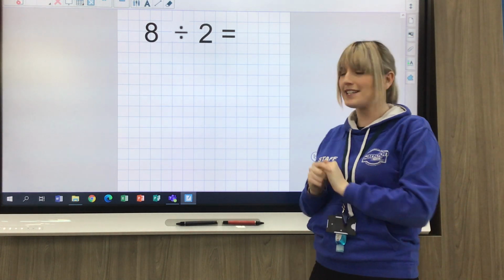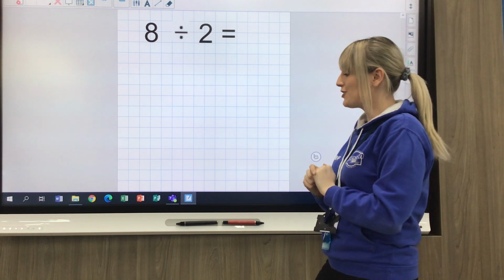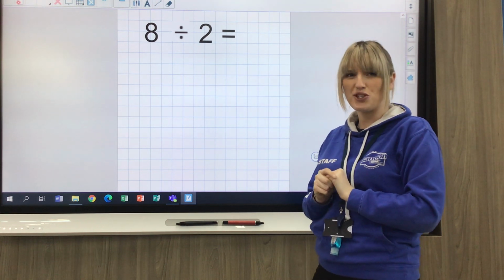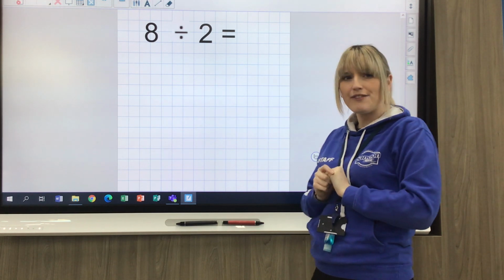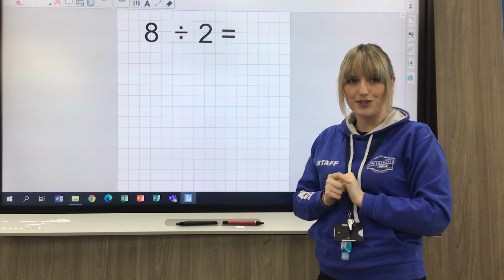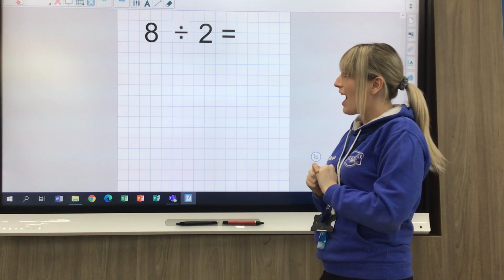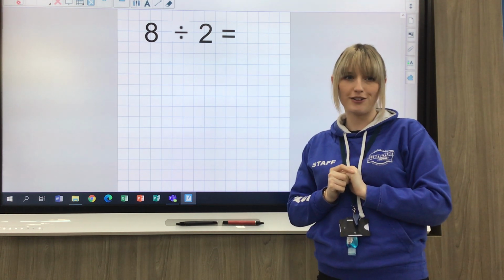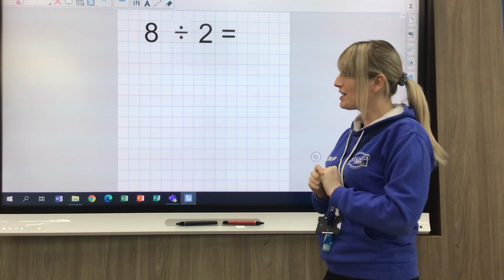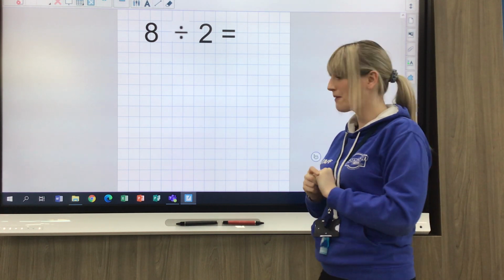Okay, the next one. I've got 8 divided by 2. Okay, what story could I have for this one? Okay, I've got 8 cars. I wish I did. I parked them in 2 car parks. How many cars are in each car park?